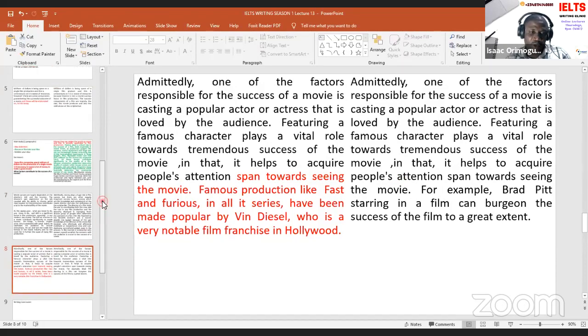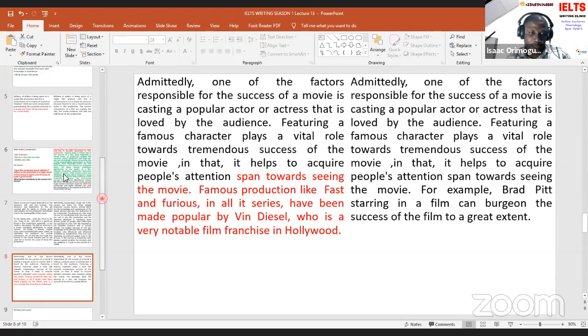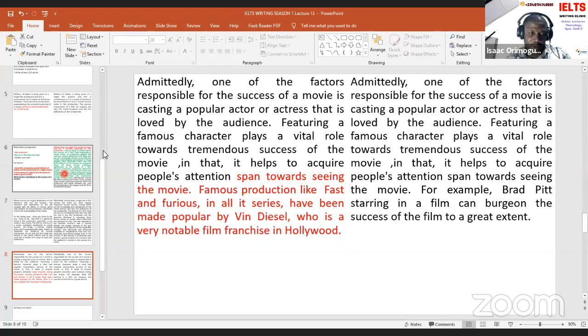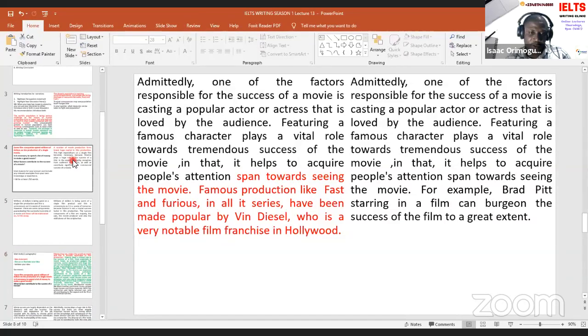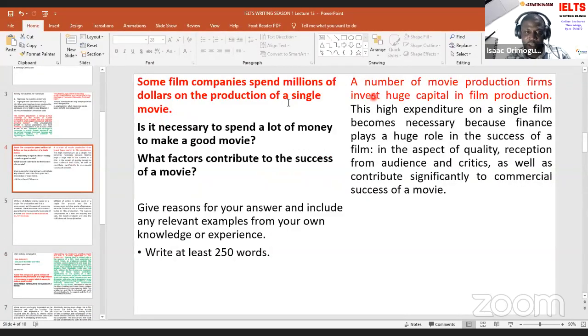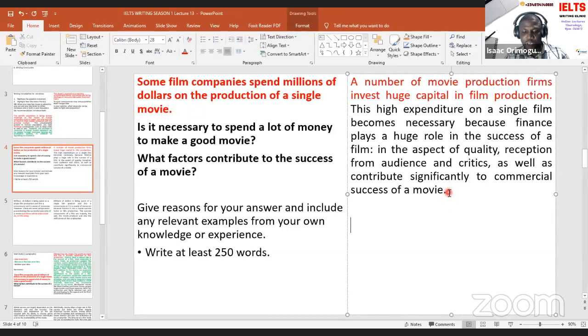Okay, now I want to write conclusion. In the introduction, I will recap again. One of the things you need to do in your introduction is you need to rephrase the question and then highlight the discussion points. Those are the two things you will do in your introduction. Introduction is all about, please, it makes you not to deviate from the plan.